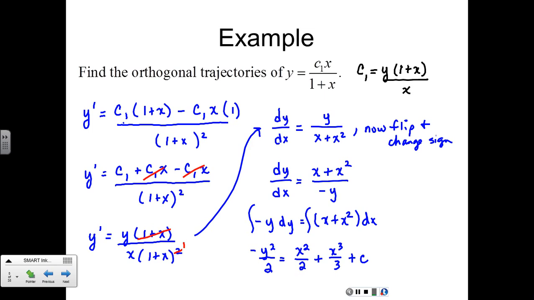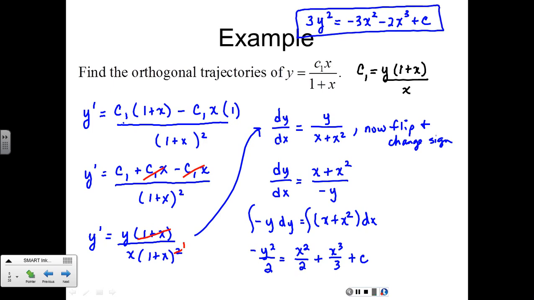Negative 6 would give me 3y squared equal to negative 3x squared minus 2x cubed plus c. You know what? If you'd have left it alone, I'd have been happy even with this. There's really not much you can do to make it pretty.